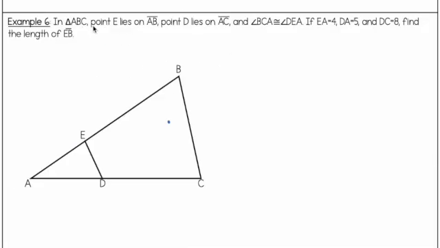In triangle ABC, point E lies on AB, point D lies on AC, and angle BCA is congruent to DEA. If EA equals 4, DA equals 5, and DC equals 8, find the length of EB.